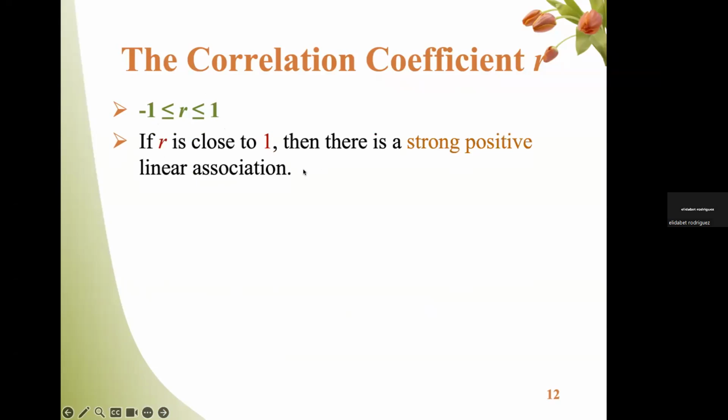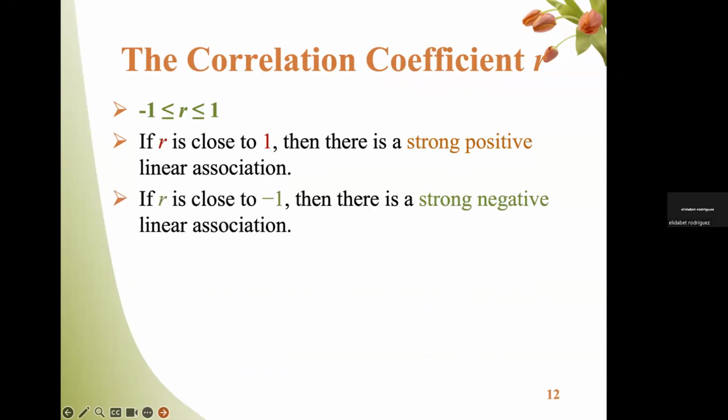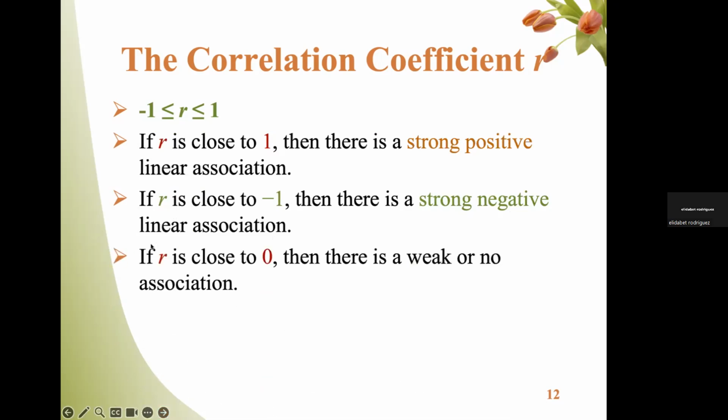When R is close to +1, we have a strong positive linear association or correlation. When R is close to -1, we have a strong negative linear association. And when R is close to 0, you're going to have weak or no linear association.